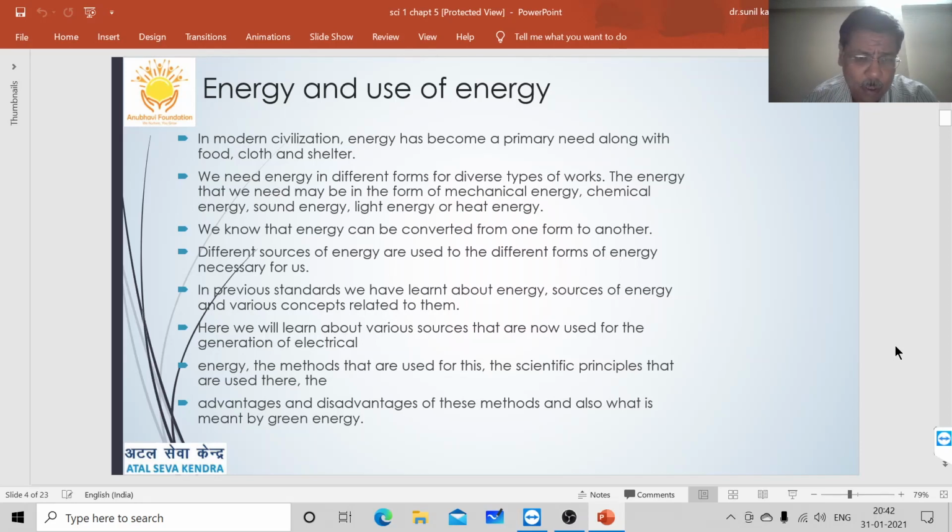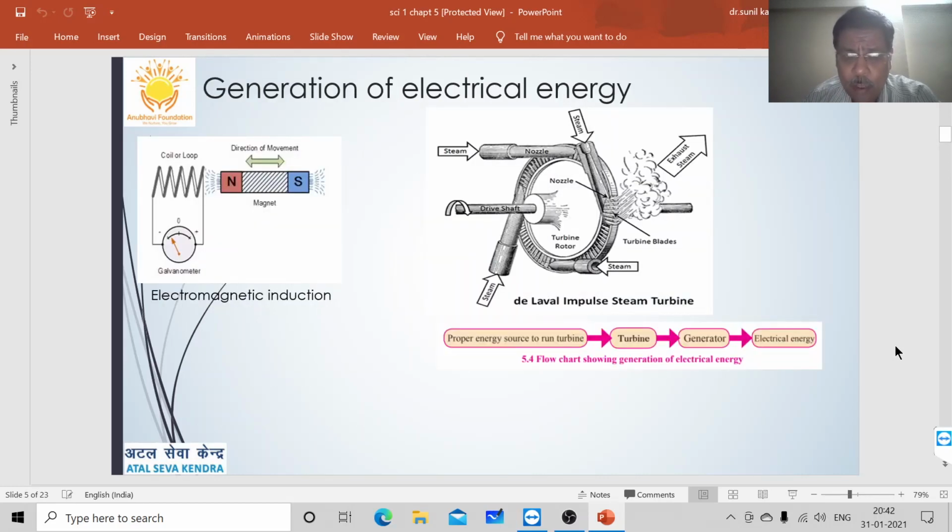In previous standards, we have studied about energy, its sources, and the concepts related to them. But now we are going to understand how we can use various sources for the generation of electricity or electrical energy, the methods that are used for that, the scientific principles behind those things, and the advantages and disadvantages of the various energy sources for electricity.